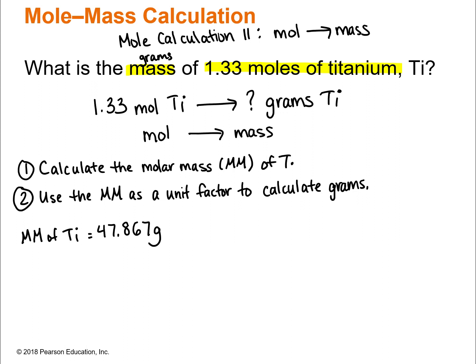To translate that into a unit equation, 1 mole of titanium is equal to 47.867 grams of titanium.